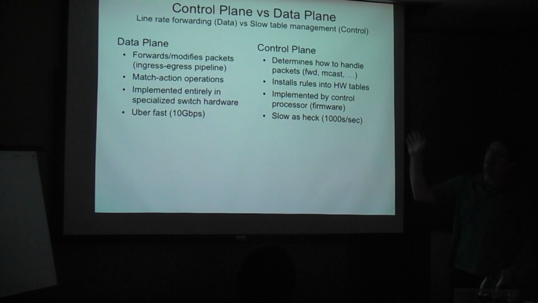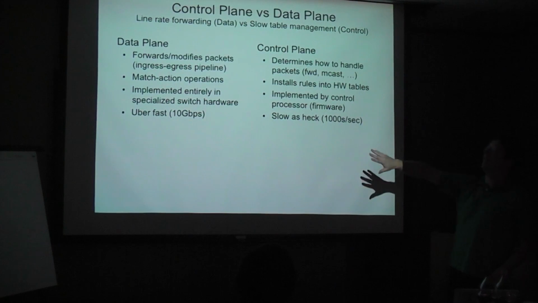The observation of SDN is that this is what has evolved inside all the boxes that run networks: big, complicated general purpose programs that run on an embedded processor, a fully general processor, that do the big-picture, scale-of-10-seconds kinds of things in your network. And you have very, very fast hardware that is very inflexible, that does the brute work of moving packets around the network.